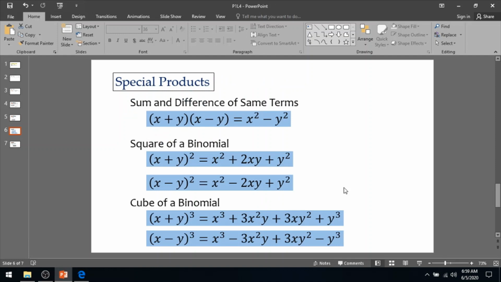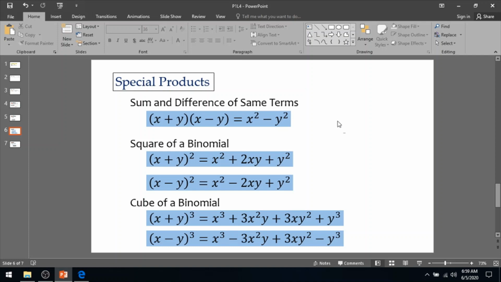In algebra, there are cases wherein ang imuhang mga polynomials, like binomial or trinomial, magbalik-balik na siya sige, frequently used na siya, frequently occurring sa algebra. Like for example, kaning sum and difference of two terms. Sum of two terms and difference of two terms, imong i-multiply, ang answer niya is x squared minus y squared.